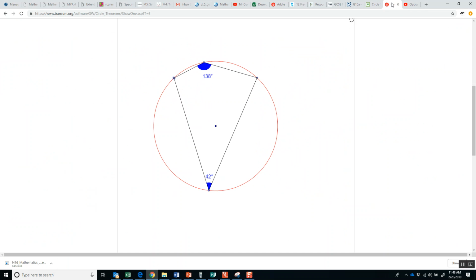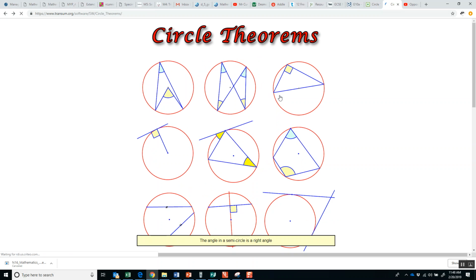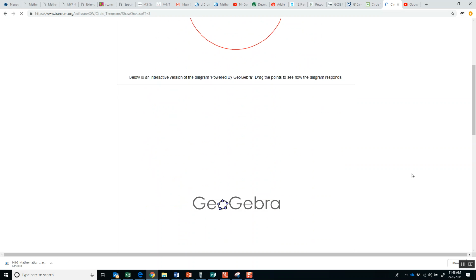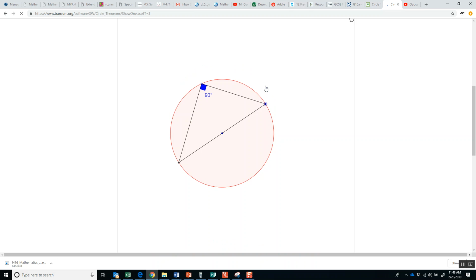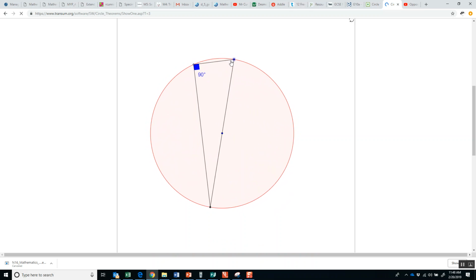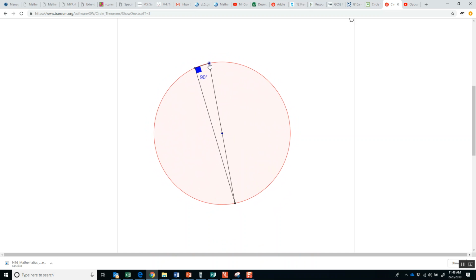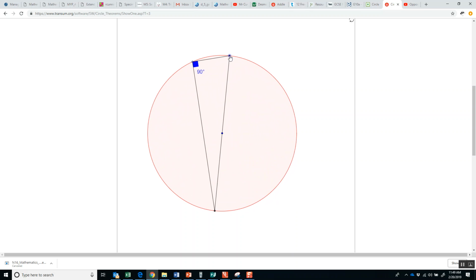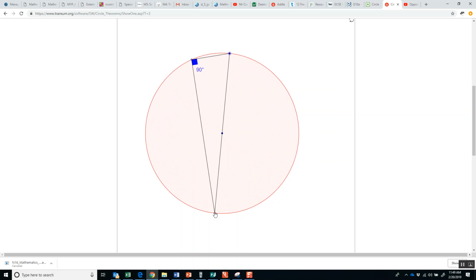And again, we can quickly see that on this one. It doesn't matter where this triangle is, as long as the line goes through the diameter and we've got two other chords, it will always meet at right angles. Put it around which way?